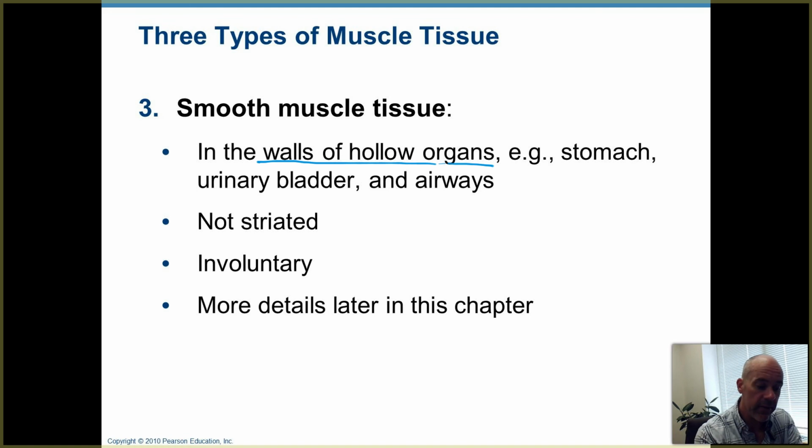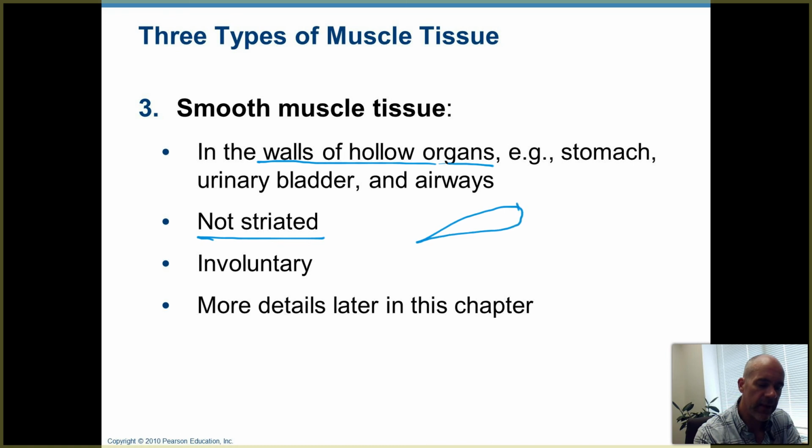The urinary bladder is another place. The wall of the urinary bladder contracts when you need to excrete urine. The air passages throughout your respiratory system, you actually have smooth muscle tissue within that tubing as well. Smooth muscle tissue is not striated, so if you looked at it under the microscope, it would not look striped.